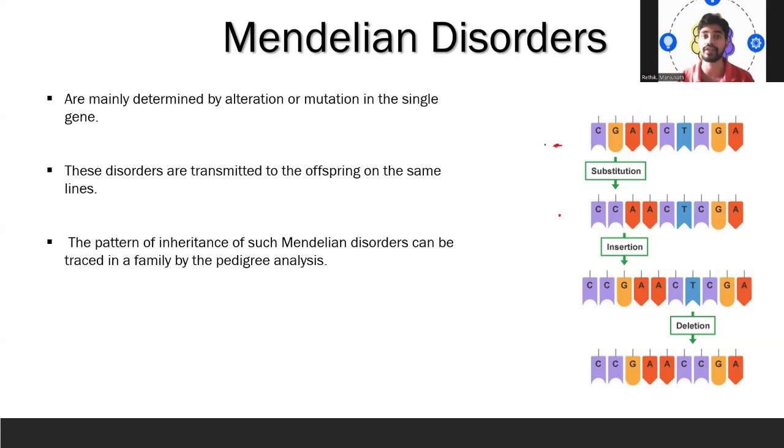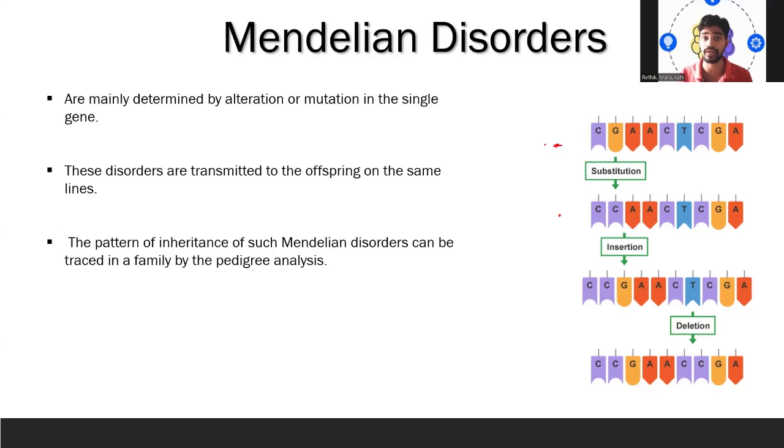So if there is any mutation or alteration that has happened in a single gene, it could be that a new gene has been inserted or a gene has been deleted from its location, so this might lead to a disorder or some kind of variation. So now a DNA or a gene got mutated, or a gene has changed its location, something happened, and now it created a disorder.